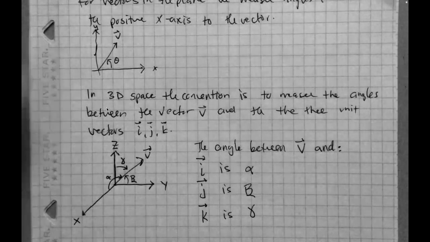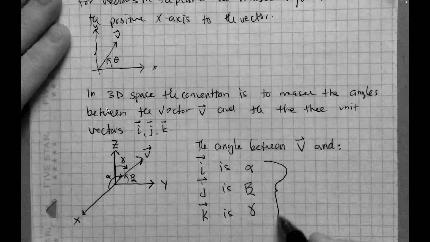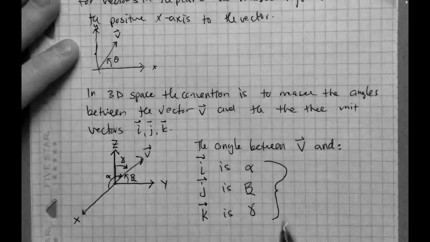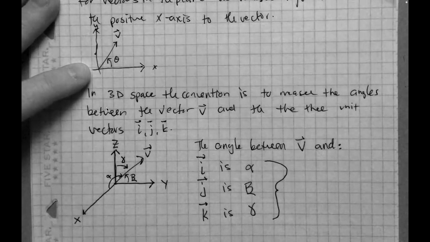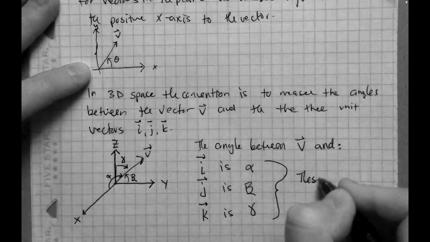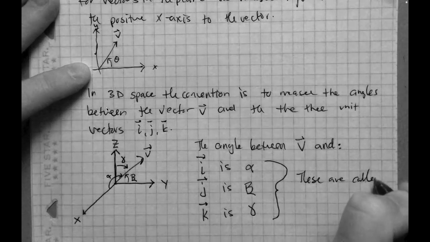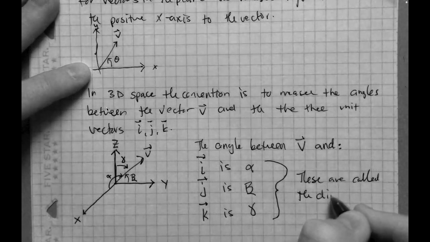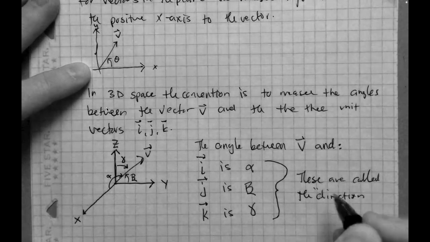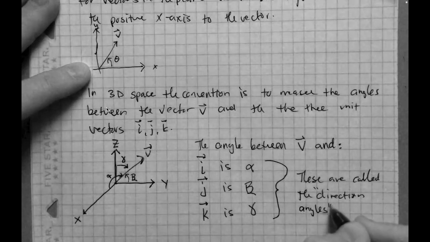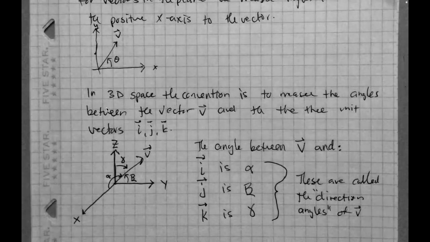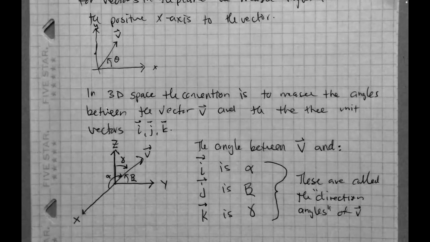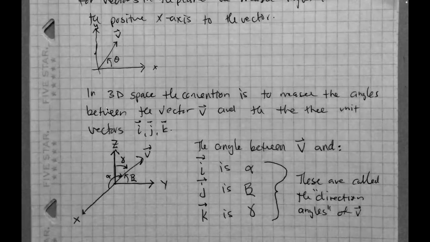These 3 angles are referred to as the direction angles of v: alpha, beta, and gamma.